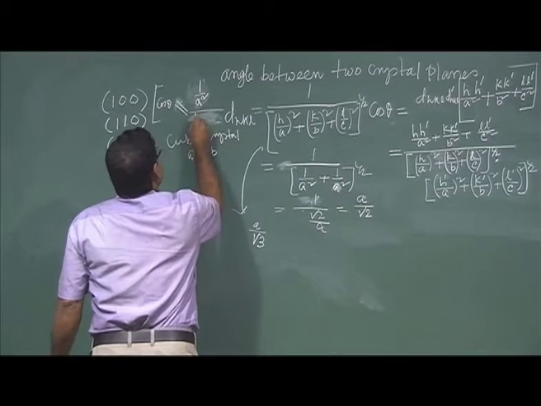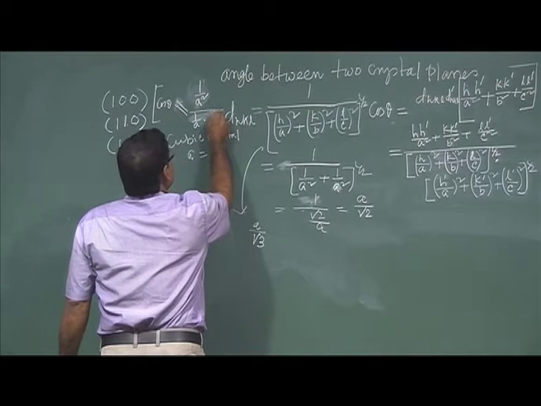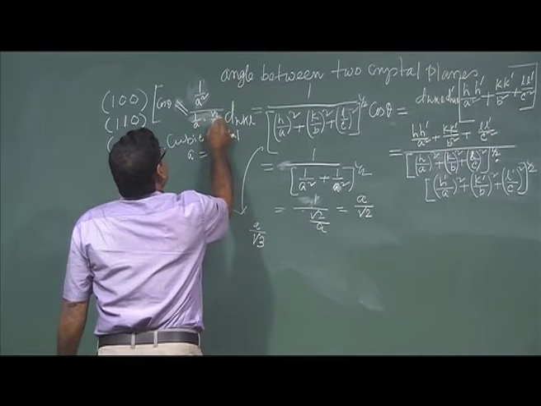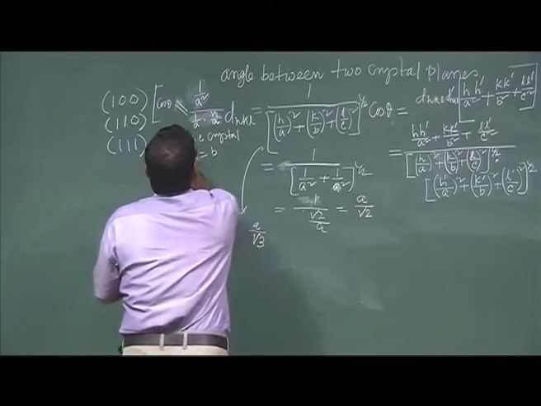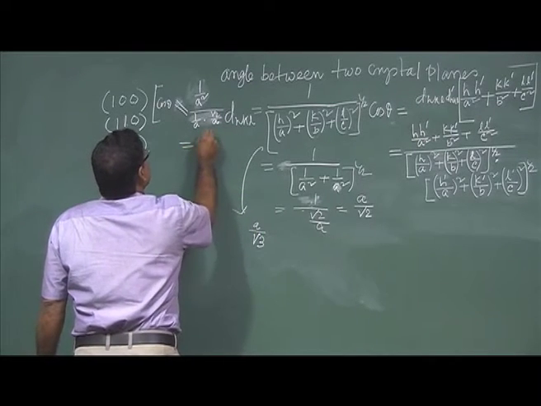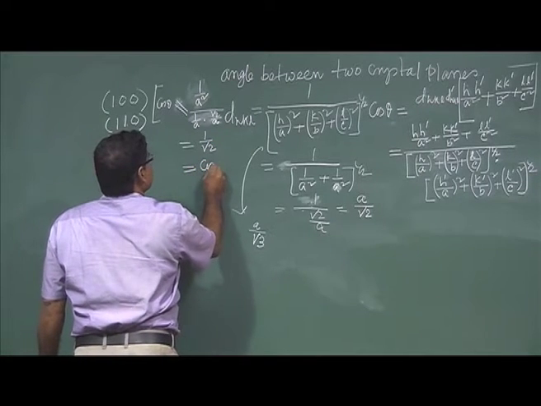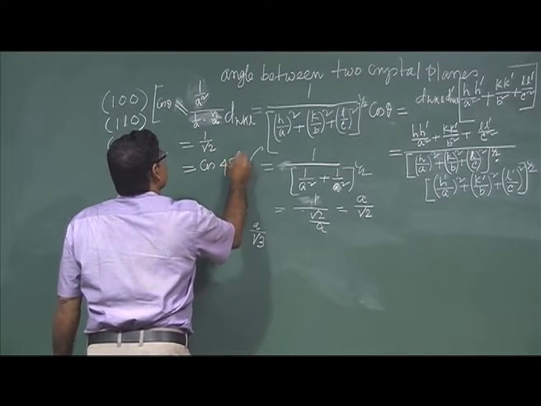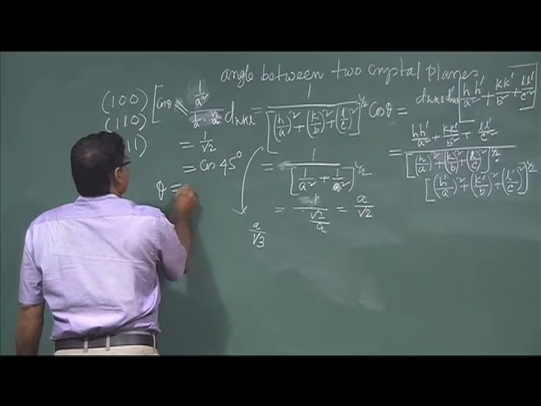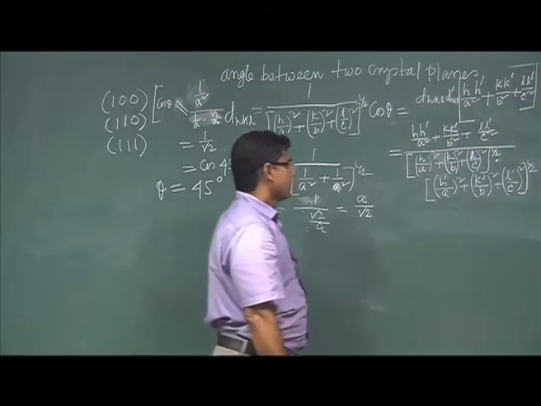So you will get 1 by a and here root 2 by a, right. So this will give you 1 by root 2, that is nothing but cos 45 degree, right. So theta equals 45 degree, right.